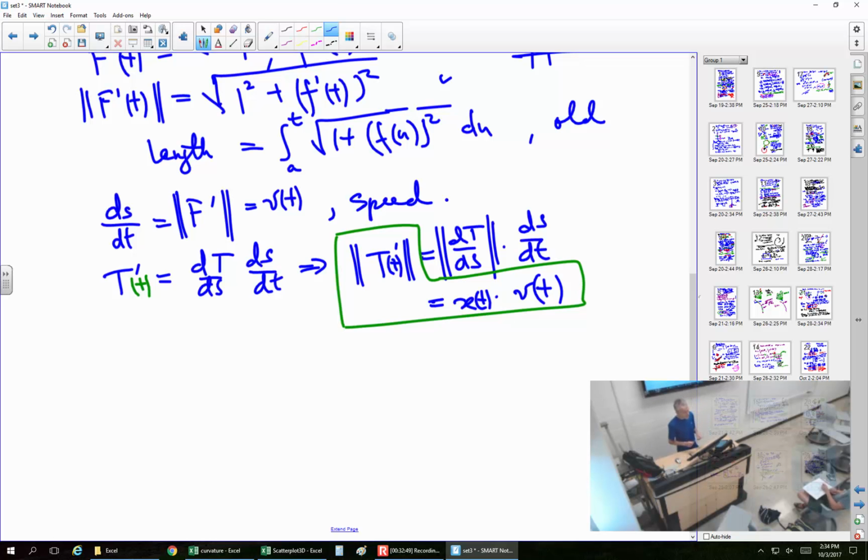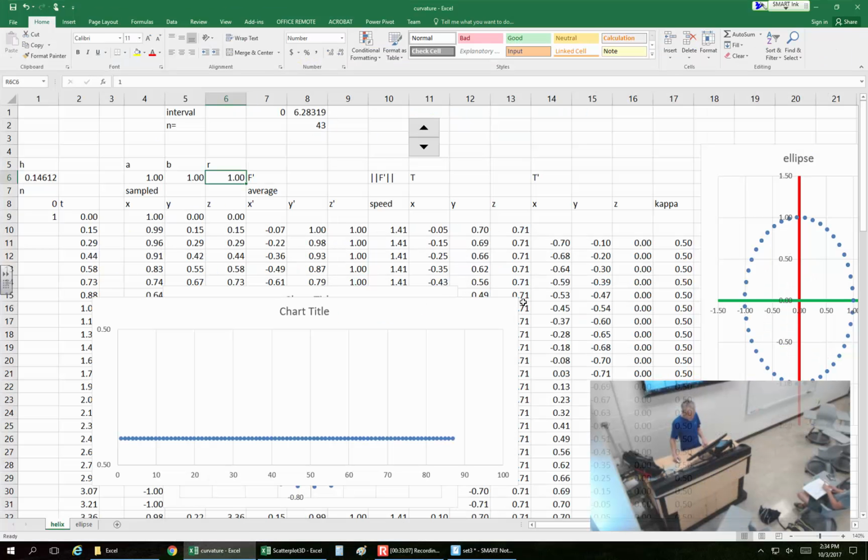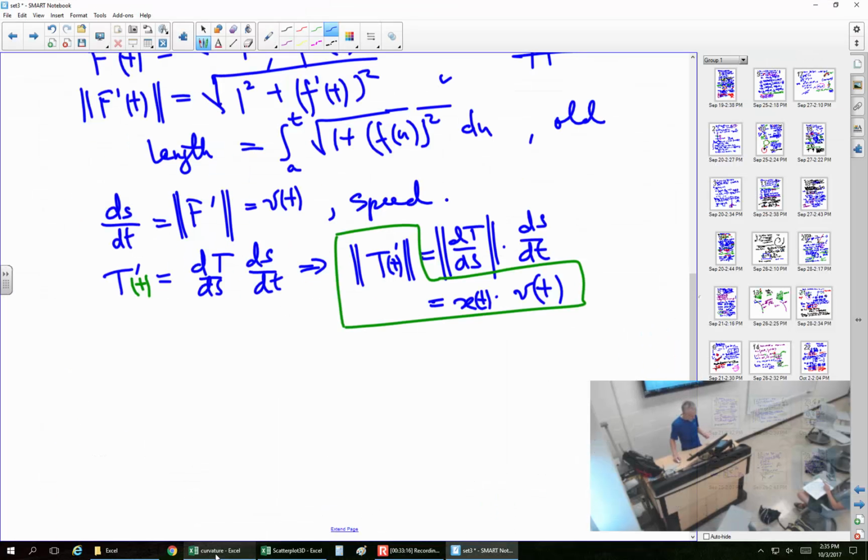It is the numerator of the fraction we're looking for when we're looking for kappa. We evaluated this in our spreadsheet. We didn't actually compute the magnitude of T prime; this is T prime, the three columns, and then you take the magnitude, and that gives us the expression that we just got.